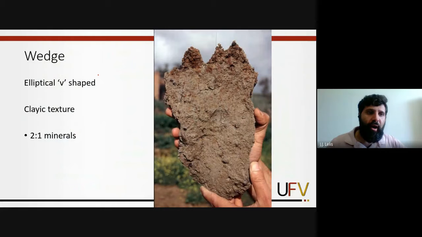We also have wedge peds, wedge aggregates, that we can see in some soils that have a lot of 2 by 1 minerals. As we can see in the prismatic materials, we can see some horizons that have a lot of V-shaped structures like this, a V-shape structure, okay?